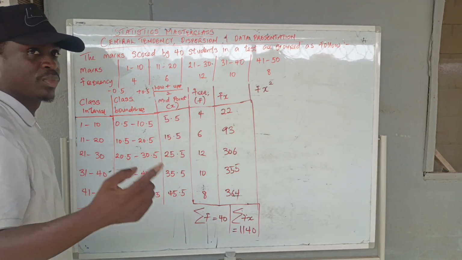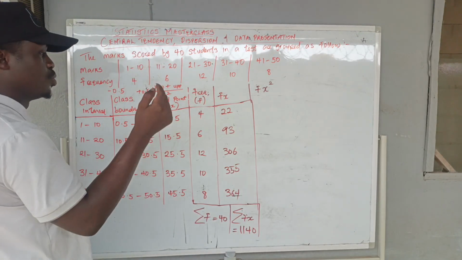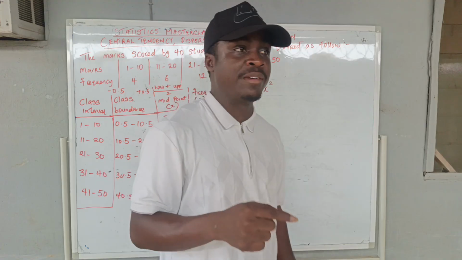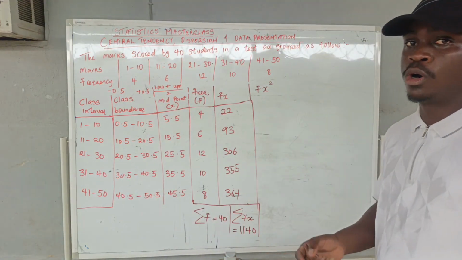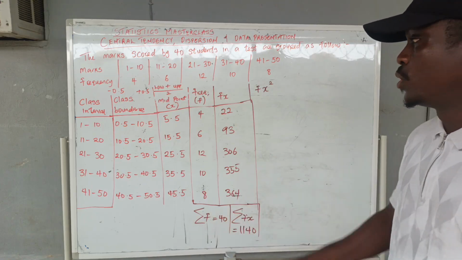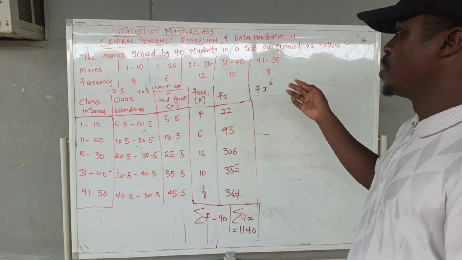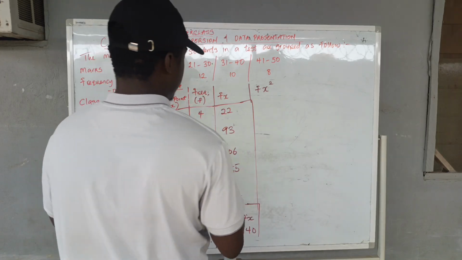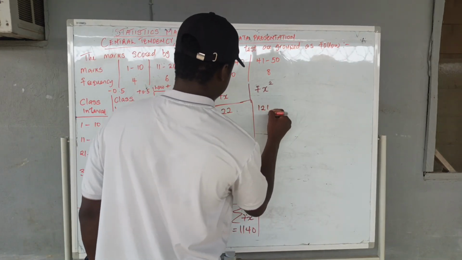So if I'm doing that, this means that I'm going to square 5.5, that is 5.5 multiplied by 5.5, or 5.5 raised to the power of 2. So 5.5 raised to the power of 2 will be multiplied by 4. And when you do that, this gives us 121.